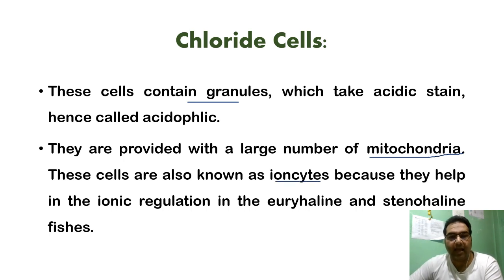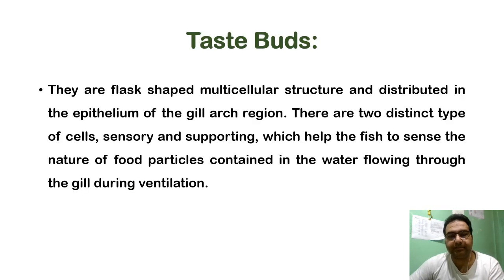They help in ionic regulation in euryhaline and stenohaline fishes, for example, fishes which cannot tolerate extreme changes in the salinity of the water, or those which have to move from fresh water to marine water. Chloride cells help in these fishes.